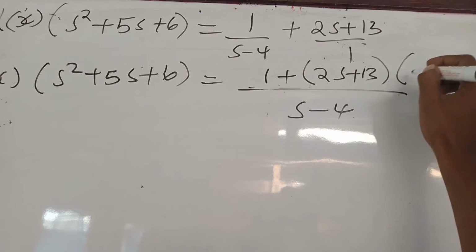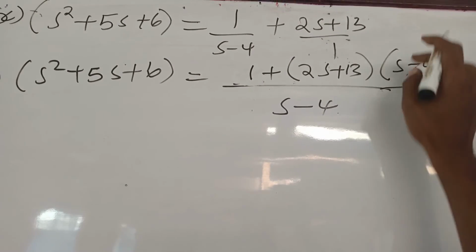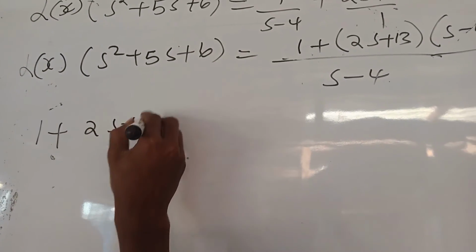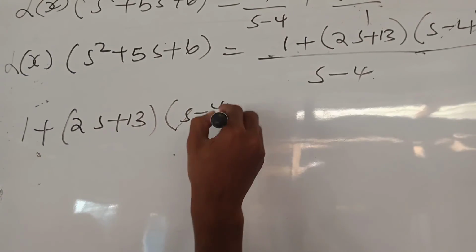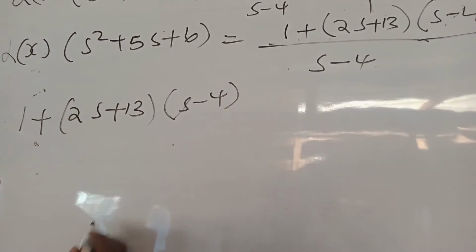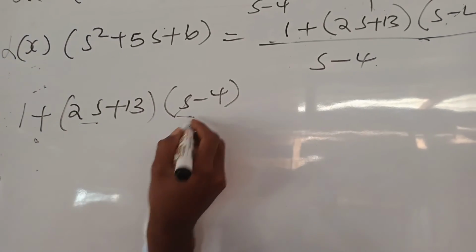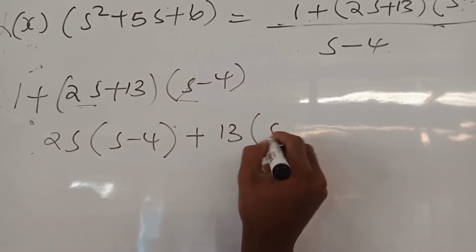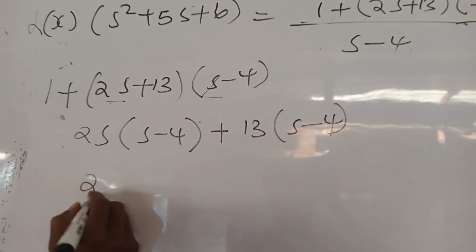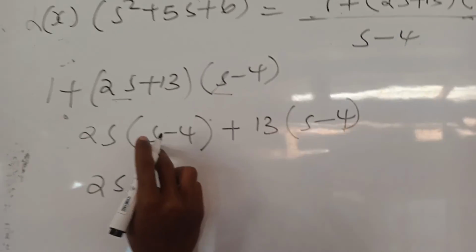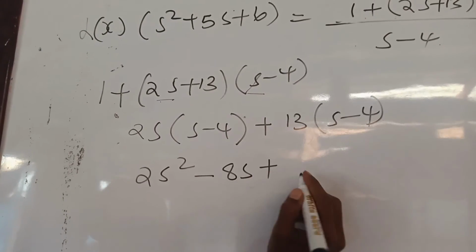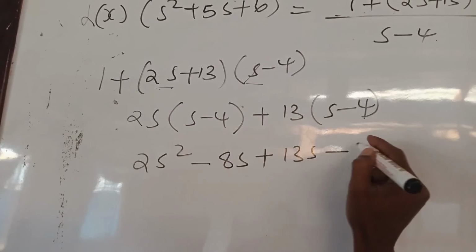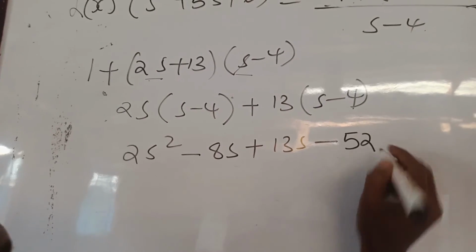Then we close the bracket, we open for another, the s minus 4. So we need to open this bracket. That is 1 plus 2s plus 13 into s minus 4. So 2s into s minus 4 plus 13 into s minus 4. So this is 2s squared, minus 8s plus 13s, and 13 times minus 4 is minus 52.